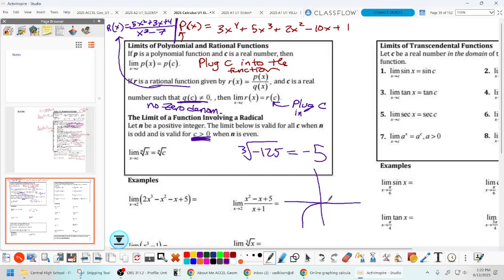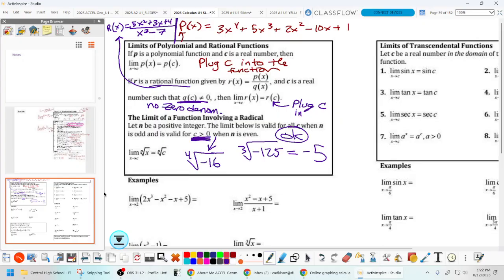Odd functions look like this. So if I'm saying, hey, 125 down here, there is an x value where that's true. Okay? So this is okay. What this little phrase is saying here is this: 4th root of negative 16.